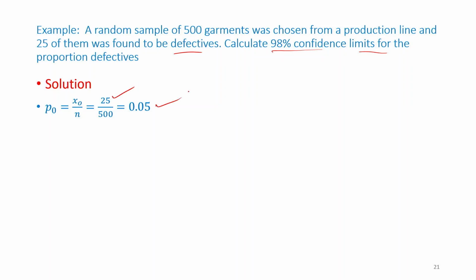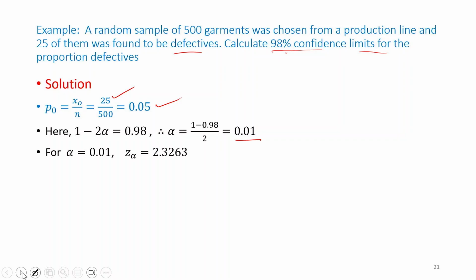So P0 is 0.05. That means 5% of the garments are defective. We want the limits with 98% confidence, so 1 minus 2 alpha is 0.98. So alpha is 0.01.